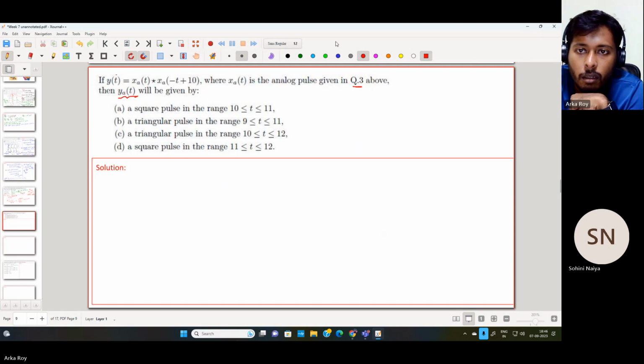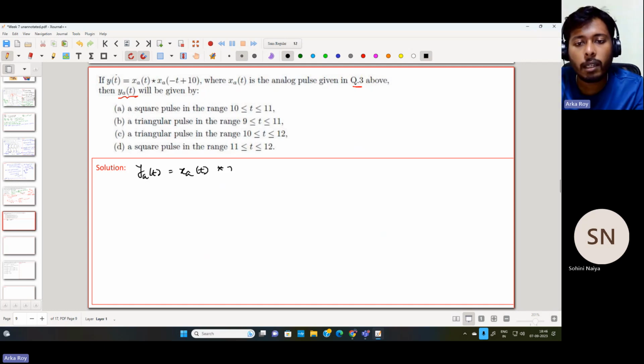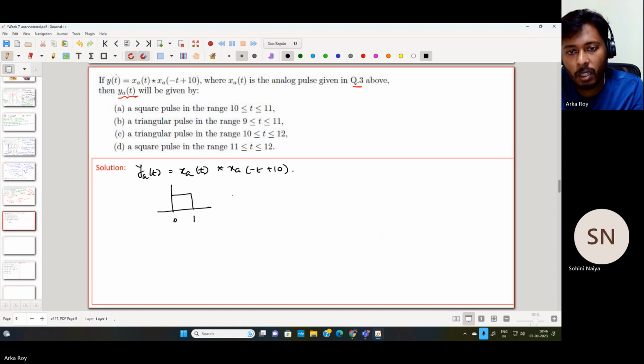So let me just change the color. ya(t) is equal to xa(t) convolved with xa(minus t plus 10). Let me try to draw these particular signals. This has a range of 0 to 1 and it is convolved with xa(minus t plus 10).